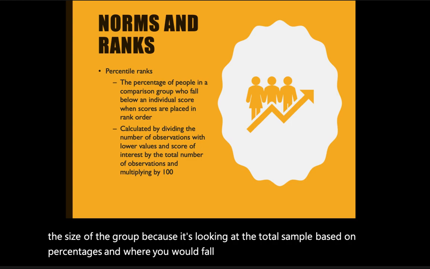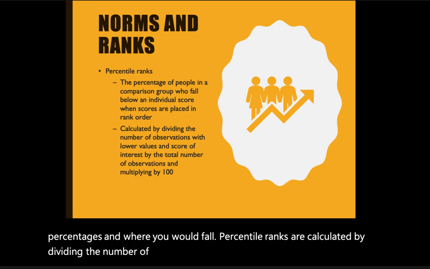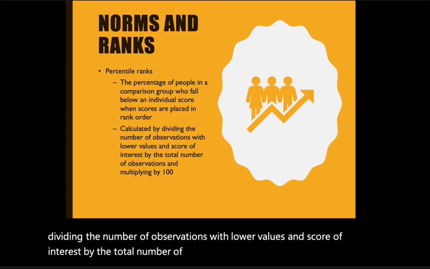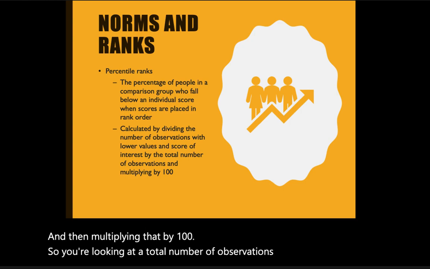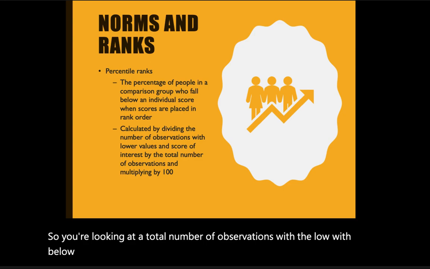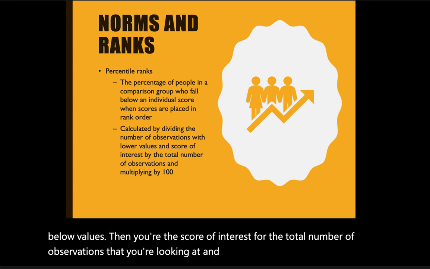Percentile ranks are calculated by dividing the number of observations with lower values than the score of interest by the total number of observations and then multiplying that by 100. So you're looking at the total number of observations with lower values than the score of interest, dividing by the total number of observations that you're looking at, and multiplying that by 100.